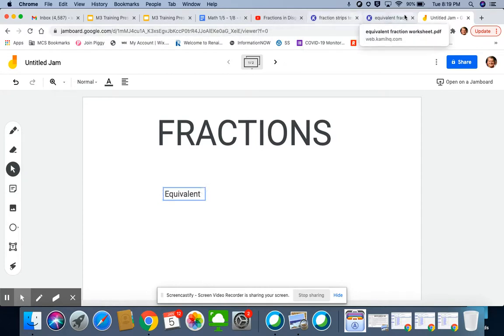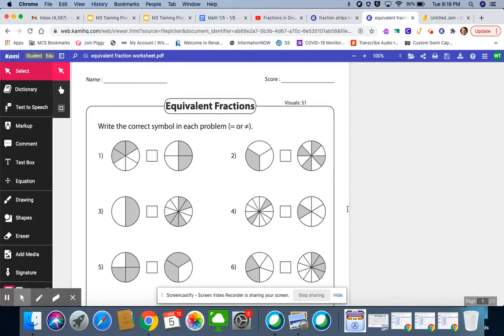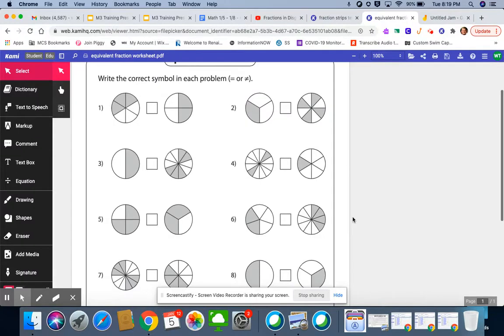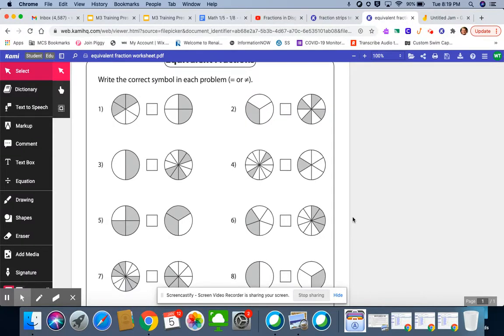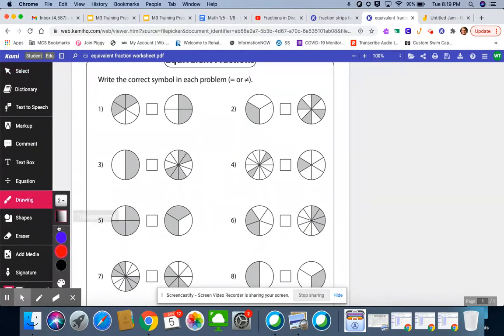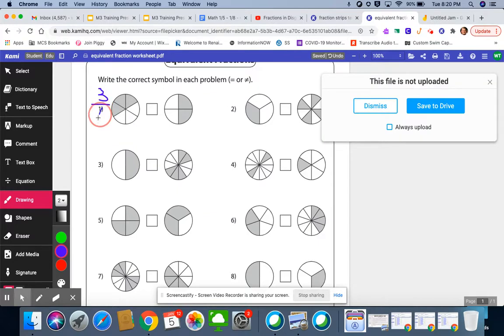Yesterday, you had an activity or a worksheet that you completed where you had to tell me if these are equivalent pictures. And really, there are fractions. So if I look at it, this is 1, 2, 3 shaded. So this is 3, and the total number is 6. So this is the fraction 3/6.